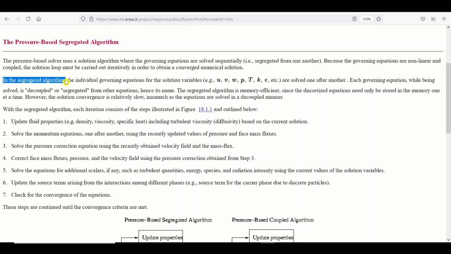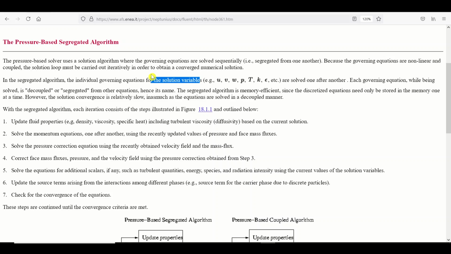Now, in the segregated algorithm, the individual governing equations for the solution variables, that is the velocity, the pressure, the temperature, and the turbulence, are solved one after the other. This is what is happening in the segregated algorithm of the pressure-based numerical method. What are the variables?